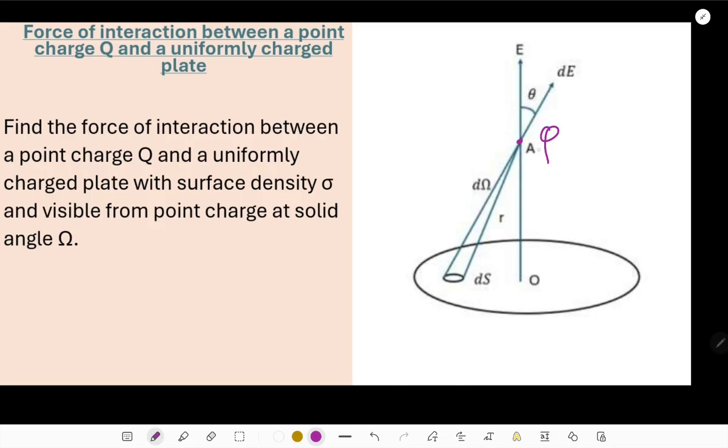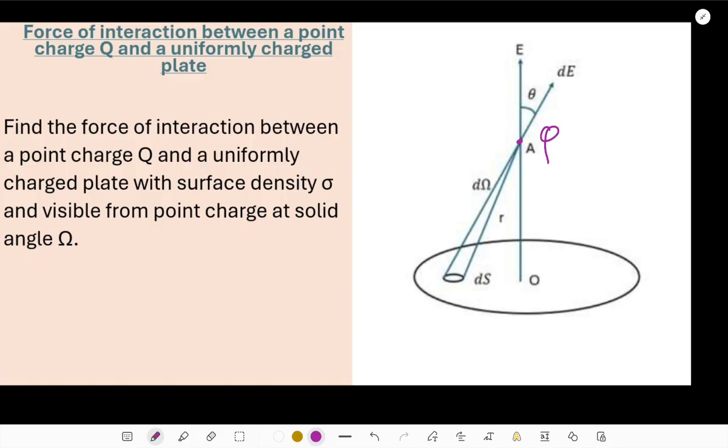The charge Q is placed here, and the solid angle is given, and we need to find the force acting between the point charge and this infinite plate having surface charge density sigma. So we are not going to need anything else.